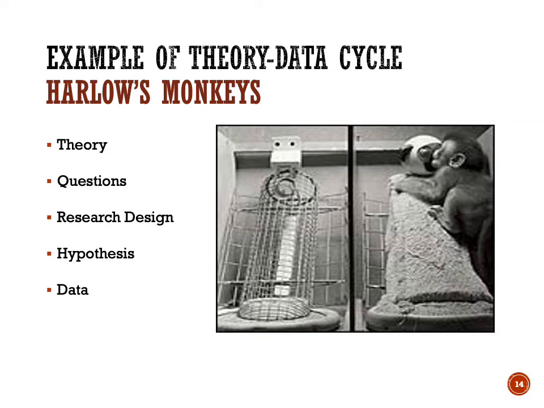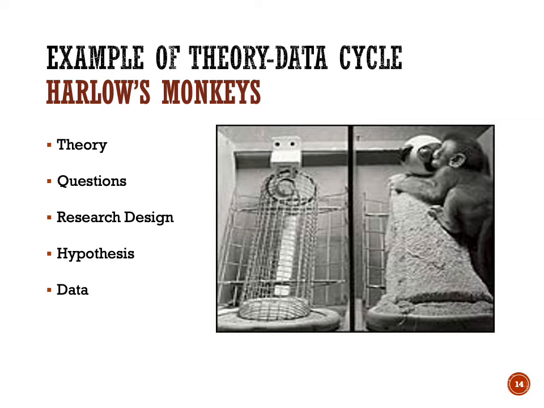Anyway, it would have been unethical to use human children to demonstrate this, so Harlow used monkeys instead. He set up these fake wire mothers where one provided food only and one provided comfort. It was cozy and covered in cloth. That's just to give you some background on the study. You can read more about it in your book.